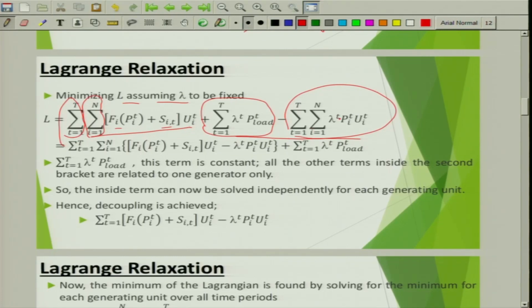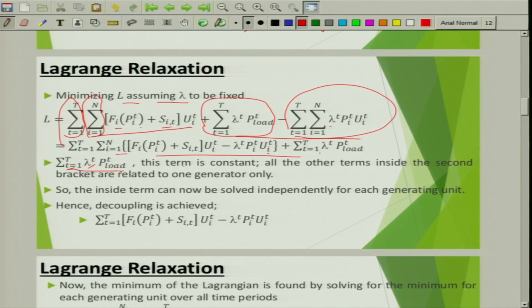You just have to rearrange the equation so that you come out with this expression. Take this summation term outside of the load, then put this inside, and you will get this expression, right? Now, summation of t equal to 1 to T, from the first time interval to the last time interval, lambda into P load: this term is a constant because lambda is fixed. You assume a lambda, then you work it out. Then load is a fixed quantity for a specific time interval.